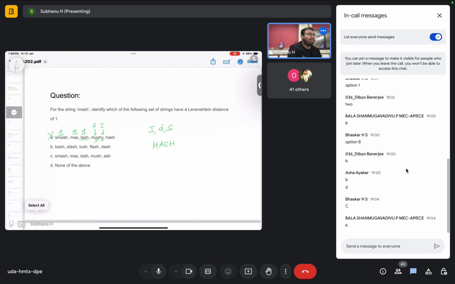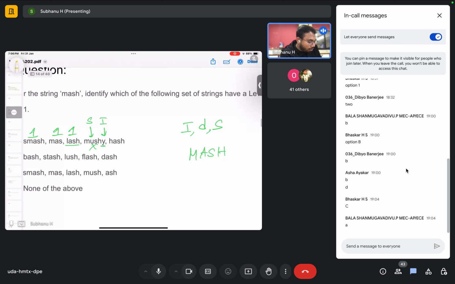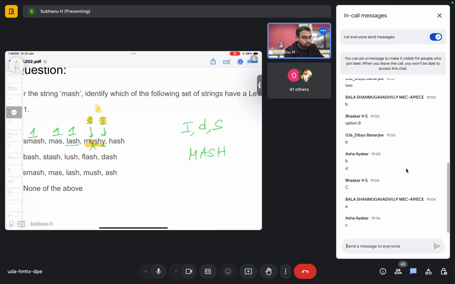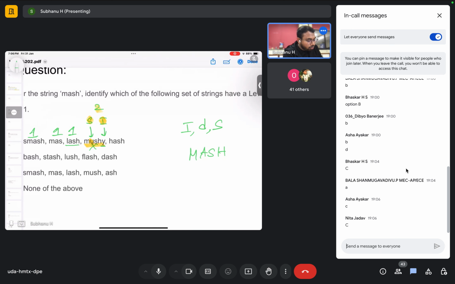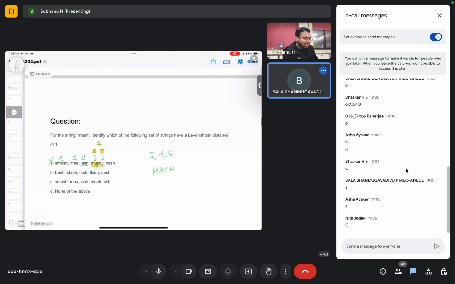A is not an answer, because if Mushy comes, you have to substitute with S and then insert I. That's why the edit distance is 2. No issue.